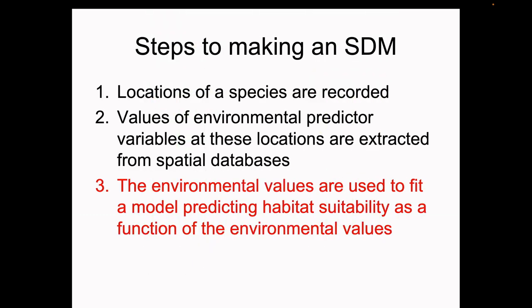Okay, so you have this complete information about the environment, at least for some environmental variables, and you've maybe gotten this data from the U.S. Geological Survey or from a World Climate Consortium. The next thing that you do is you put both of these pieces of information into some computer software.